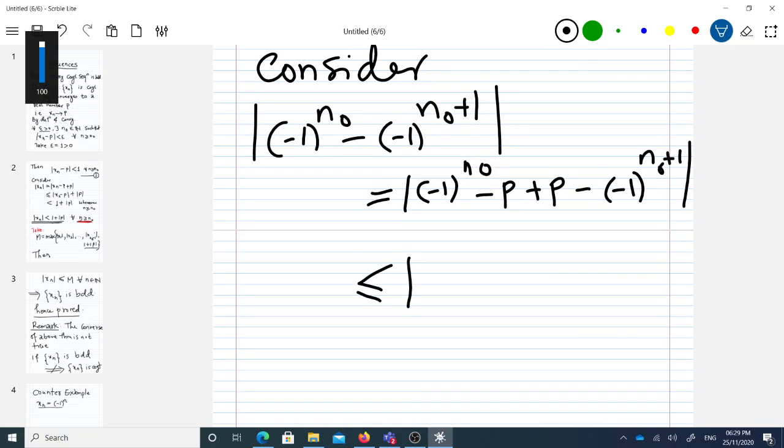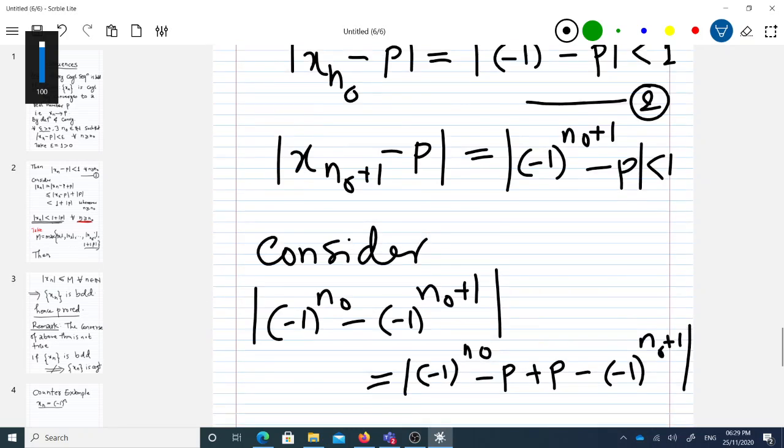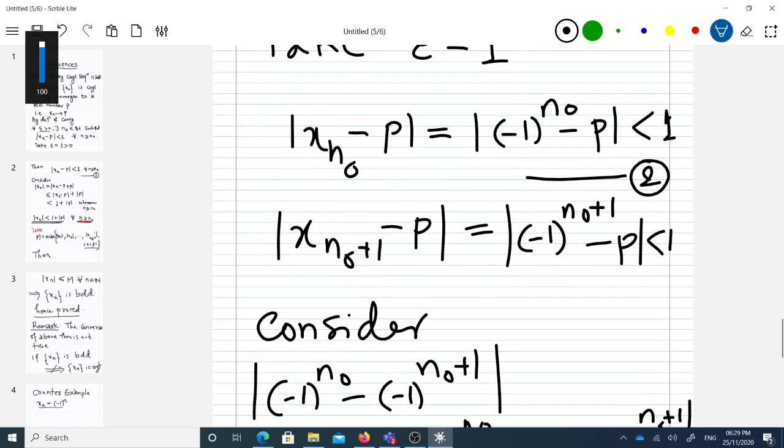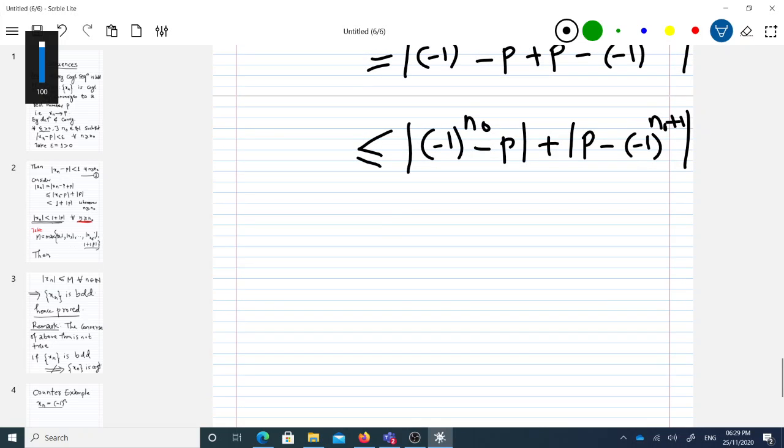So you will have modulus of (-1) to the power n naught minus p plus modulus of p minus (-1) to the power n naught plus 1. Numbers 1 and 2 say that, this is 3. From 2 and 3 we can say that this is less than 1 plus 1.